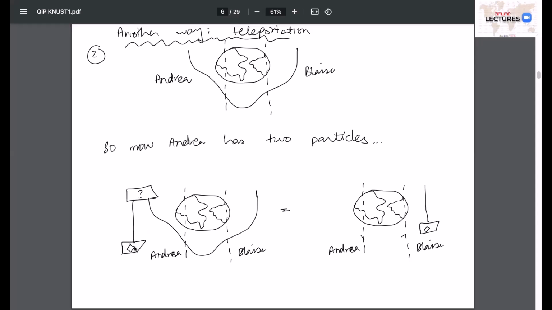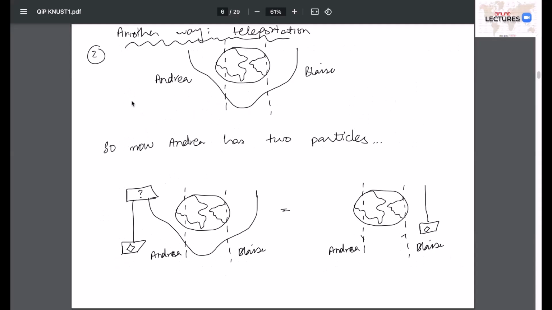So in the teleportation protocol, Andrea needs to apply an operation that acts on both this diamond state and the part of the Bell state that Andrea has. And essentially, you can see if teleportation works, then after applying some diagrammatic rewrite rules, we should get the right-hand side.